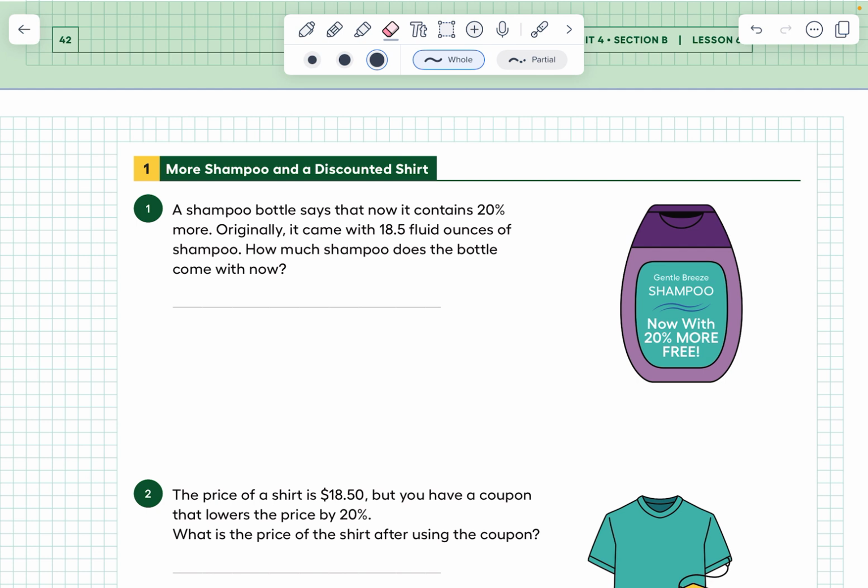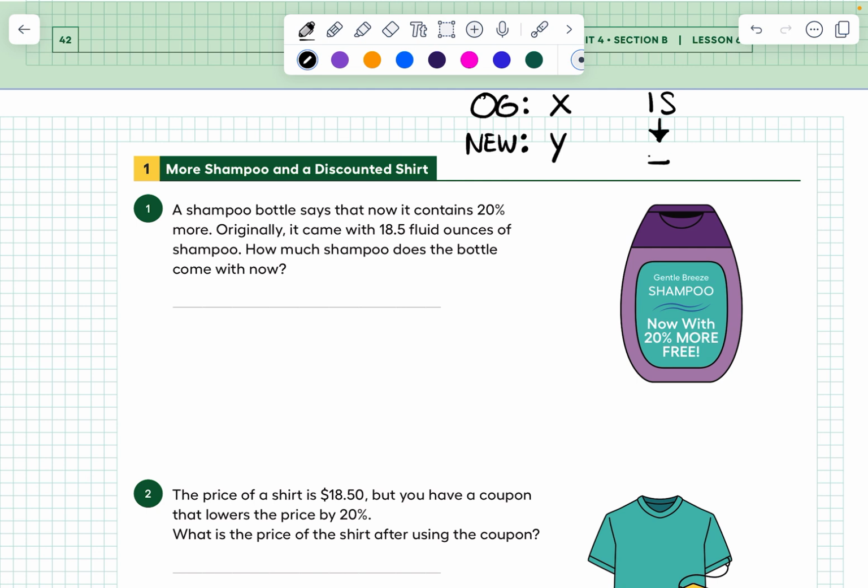So the way we're going to do this is the following. When we're talking about the OG, we're talking about X. And when we're talking about the new amount, the new number, we're going to refer to that as Y. Is translates into an equal sign, and of translates to multiply.